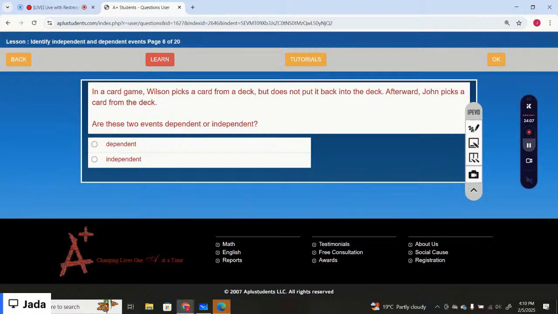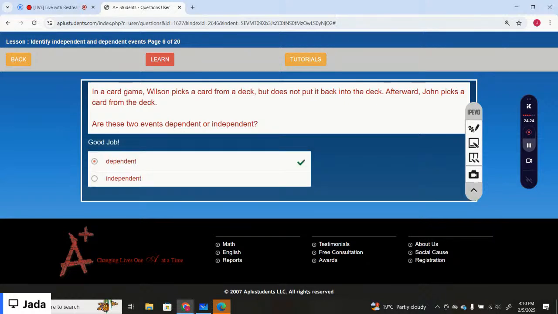So the correct option is yes, they are dependent events because Wilson picks a card and doesn't put it back. So for the second time, he has one less card than the previous one. So the correct option is dependent events.